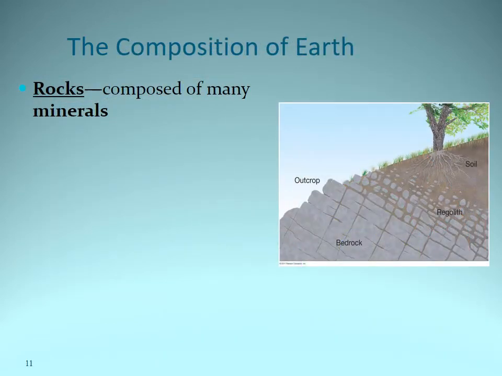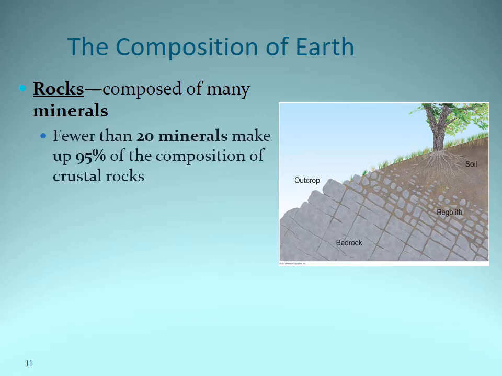So we're going to go back up to the crust for a little bit and talk about rocks. Rocks are composed of many different minerals, but about 95% of all of the rocks have fewer than 20 minerals. And with rocks come certain types of rocks called outcrops. I like to talk about outcrops a little bit because in and around the San Fernando Valley, especially if you're driving from the San Fernando Valley to Simi Valley, you might see a lot of rocks, seemingly random, along that pass between the San Fernando Valley and Simi Valley.